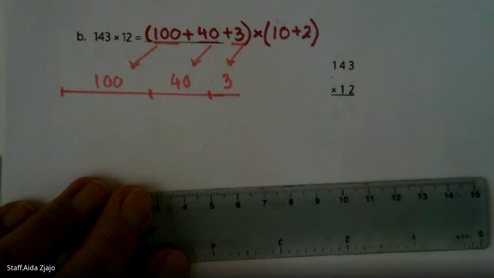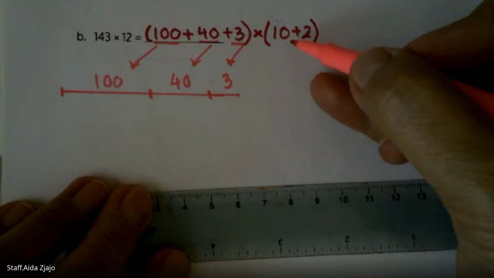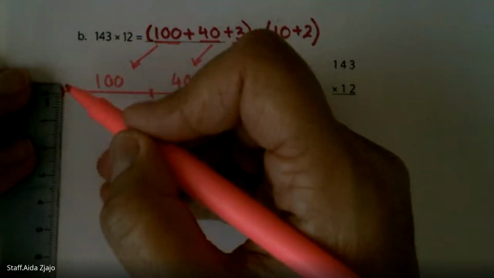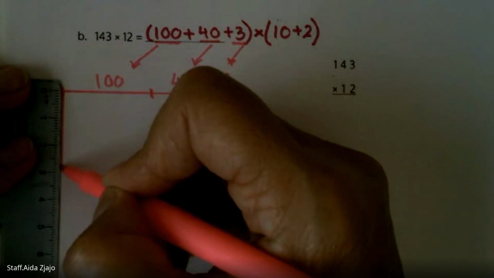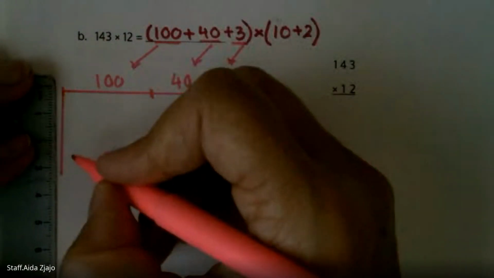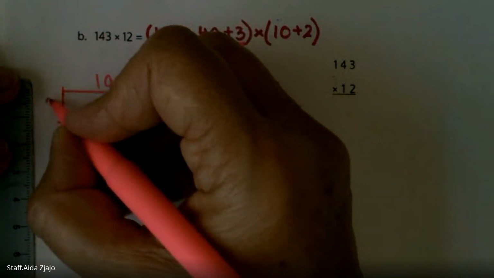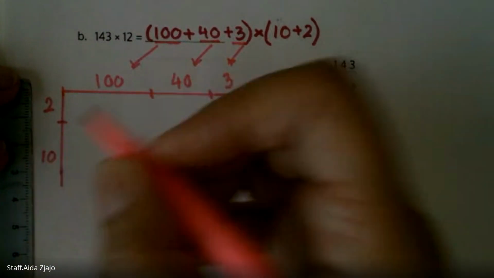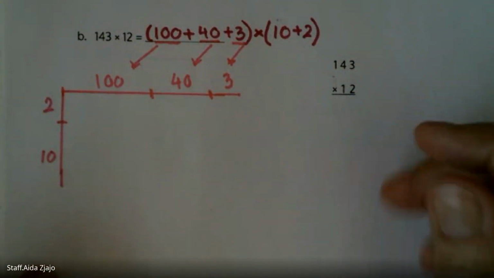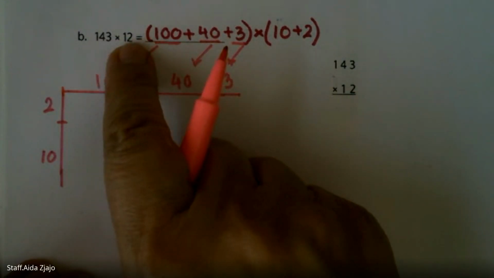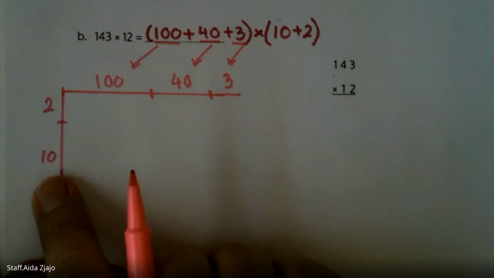Okay, now I need a 2 and a 10. So I'm going to draw a vertical line, and I'm going to make this be 2 and then this be 10. So now I have the whole area, 143, which is this number, and 12. 2 plus 10 is 12.